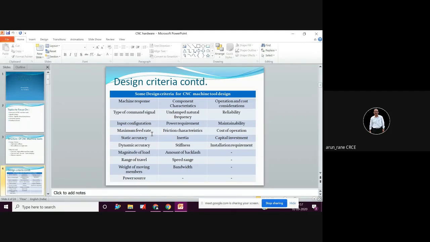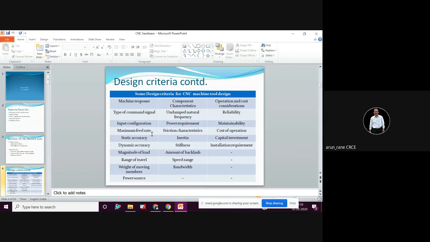Understand? If you are giving more depth of cut, you have to move very slow. It's like if you are carrying a 50 kg load on your head, obviously you will walk at very slow speed. But then what happens? You may drop it at any moment, the 50 kilo.